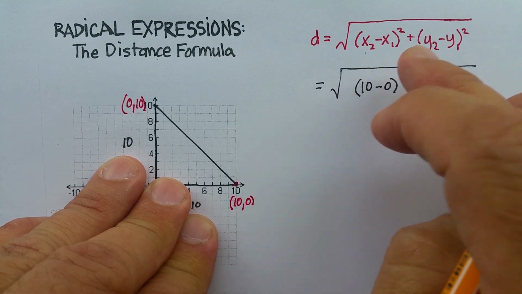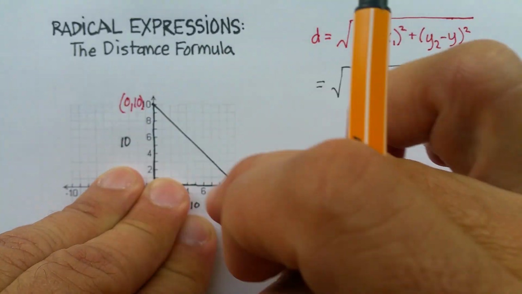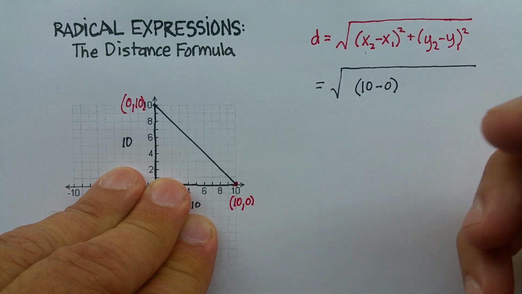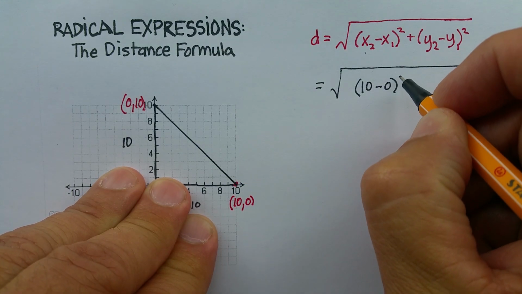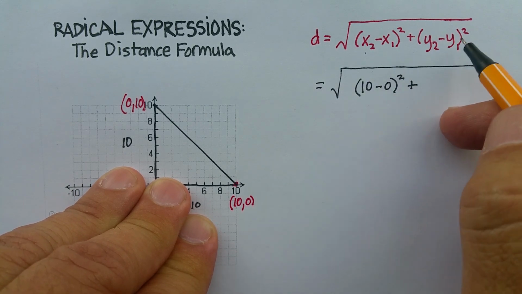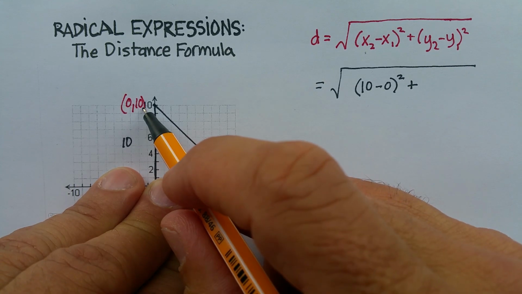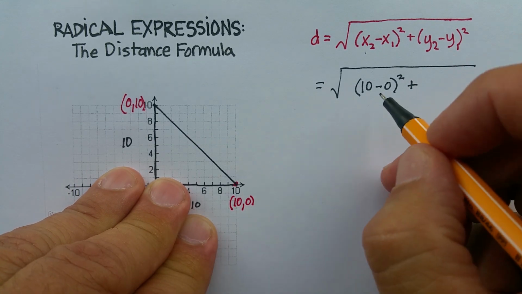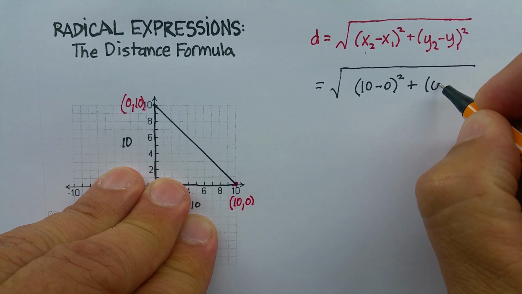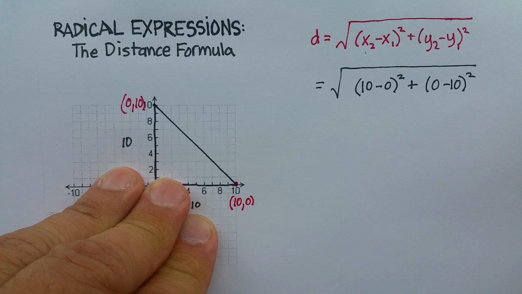It really doesn't make any difference which one is x2 and which is x1, as long as you've got the difference between the two x's, you're going to be okay. And then quantity squared. Now let's find the difference between the two y values, and it's 0 minus 10. I'm just trying to keep them in the same order. So 0 minus 10, again quantity squared.